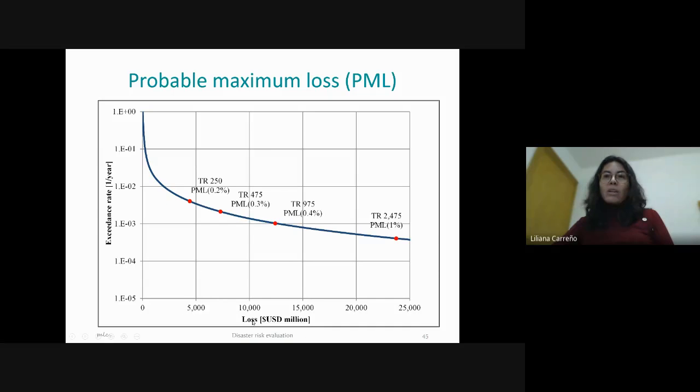So here you have the losses and the annual exceedance rate, and you can read directly the losses for different return periods, calculating the return period based on the annual exceedance rate.